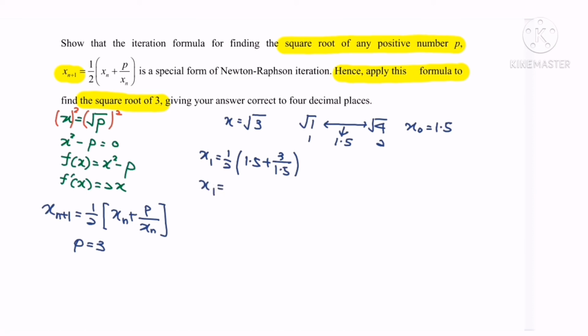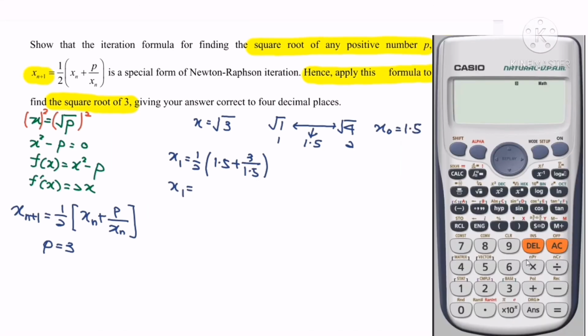Kindly refer to the calculator, and we are going to key in the ratio 1 over 2, multiplied with the situation where we have alpha x plus the ratio 3 over alpha x.